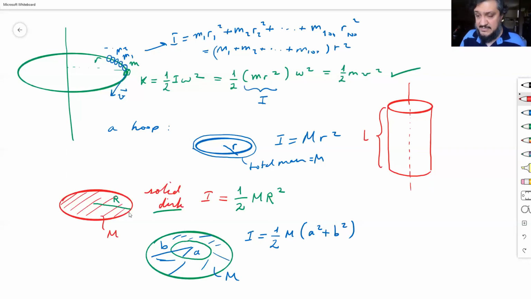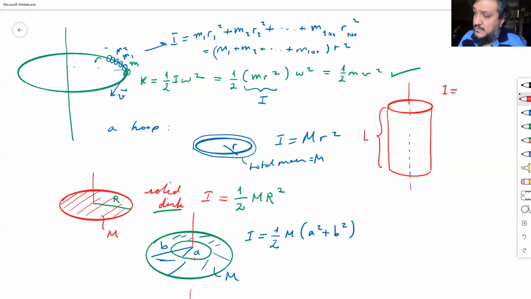For these simple cases, the axes are in the center. And I'm going to show you a way to find it if it's off center. If it's a cylinder, all the mass you add in the direction of that axis doesn't really change the form of the function here, but it does contribute to the total mass.